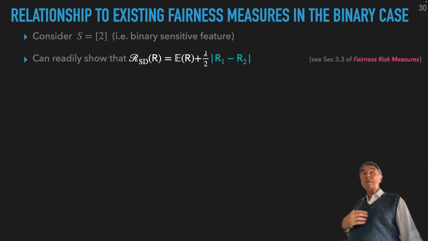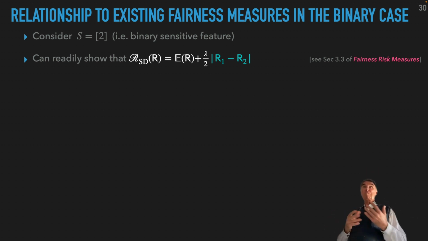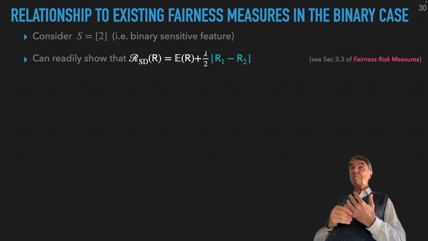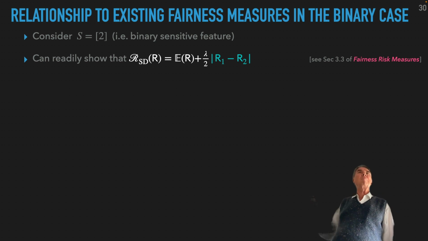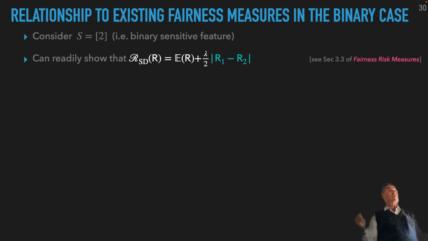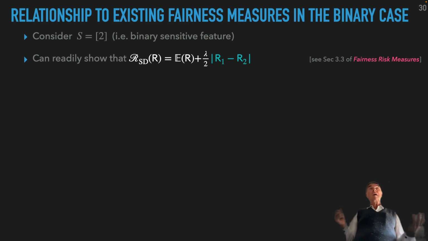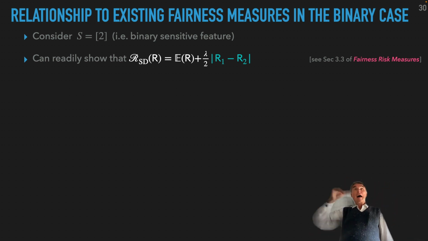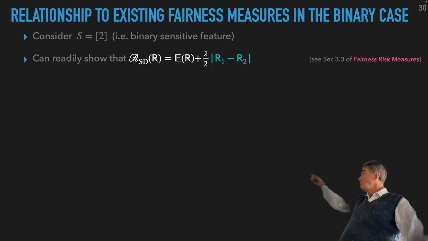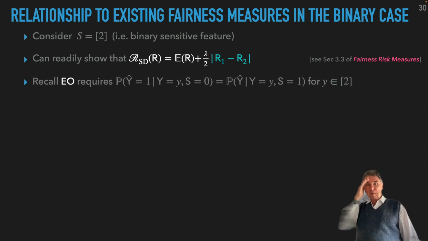Anyway, it turns out, so this looks completely different to the stuff that I'd previously shown you, right? There was no conditional independence. I didn't start with those existing measures, disparate impact, equality of opportunity. But it turns out if you then go and check, are they related at all? And so here I just skip over that a little quickly.